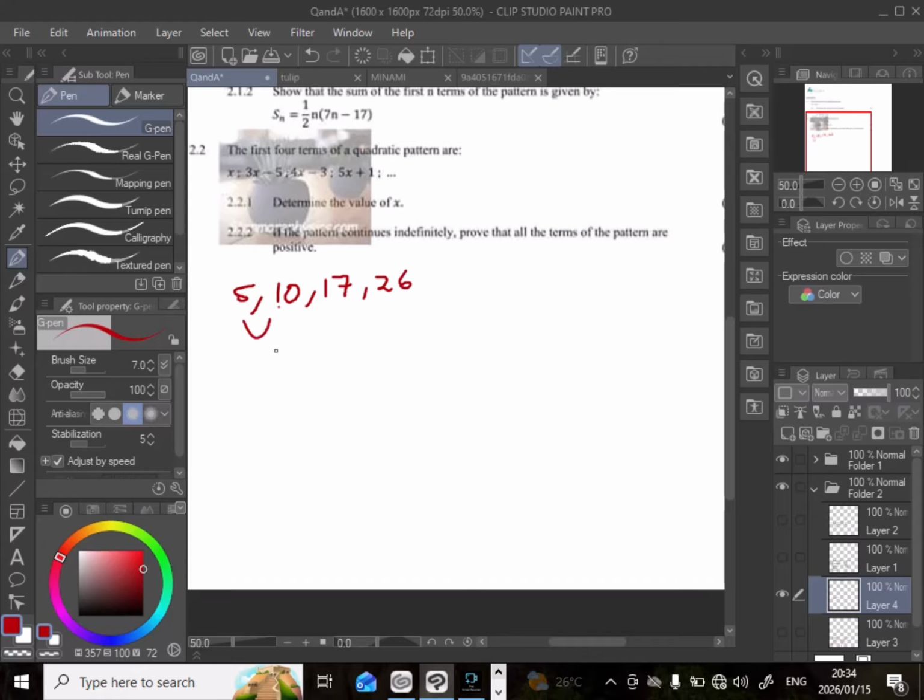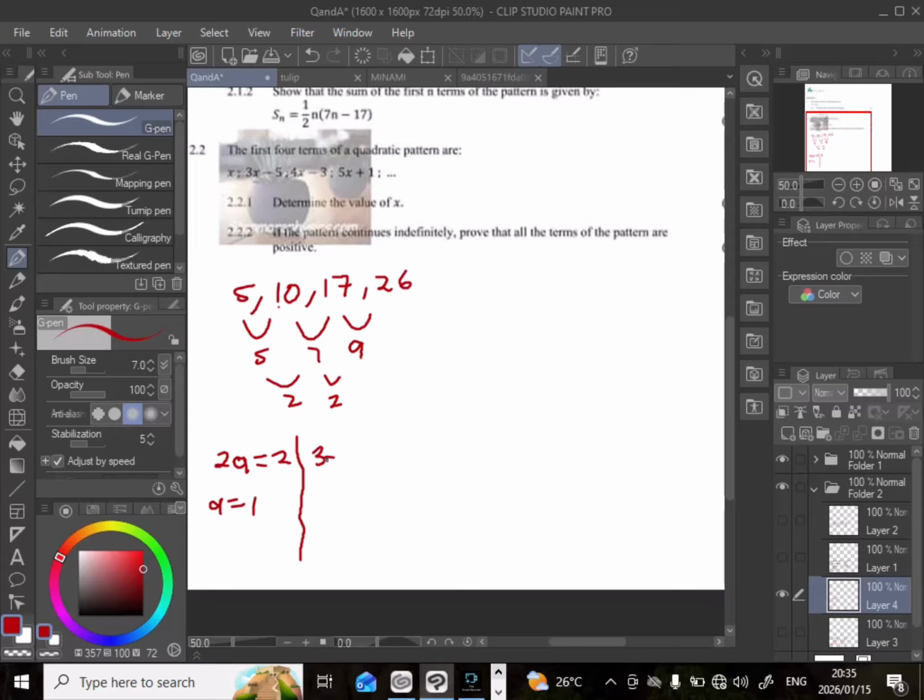Remember, we have 5 here, 7 here, 9, and here it's 2 and 2. We have 2a equals the first number in the second difference, which is 2. So to solve for a, it will be just 1 because we divide both sides by 2.